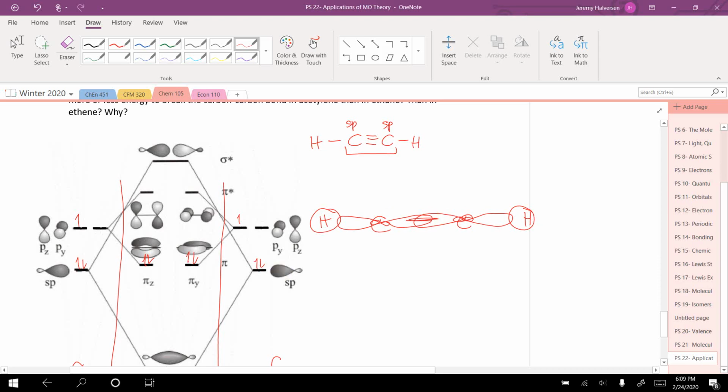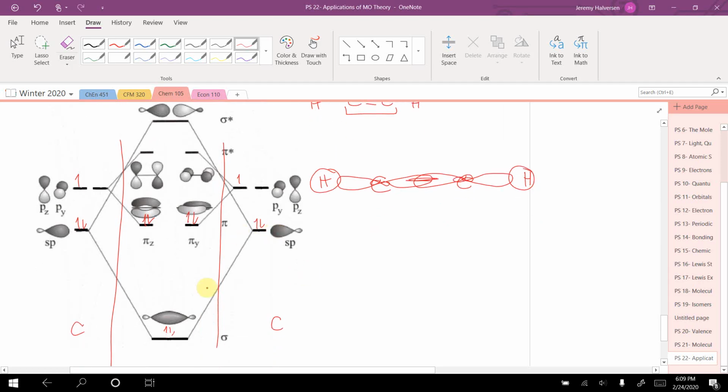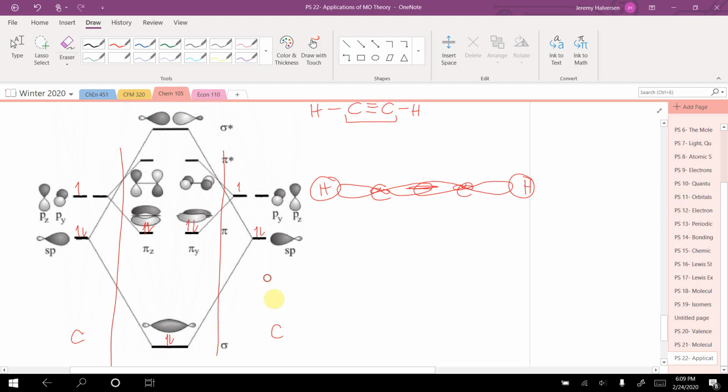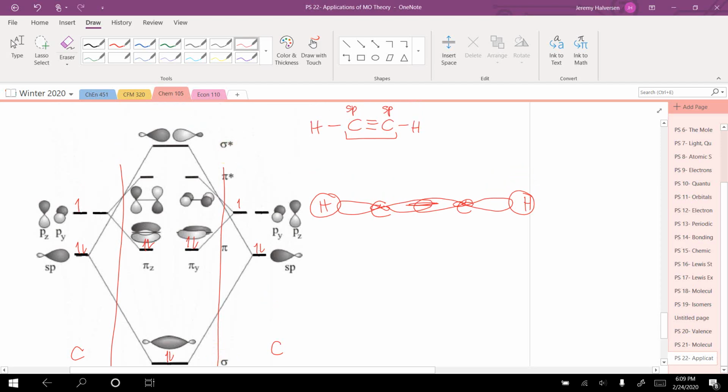In this case, these sp orbitals are going together to form a sigma orbital, which you see labeled there, and a sigma star orbital. But then we also know that if it's only sp hybridized, each carbon still has 2 p's left, which are drawn here, which are then forming pi orbitals and pi star orbitals.